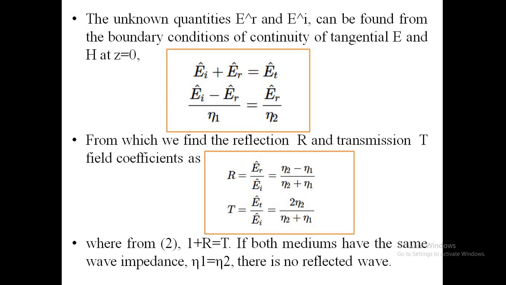The unknown quantities of the reflected and incident electric fields can be obtained from the boundary conditions of continuity of tangential E and H fields, and the relation between the reflection and transmission coefficient is obtained as 1 plus R is equal to T, where R is the reflection coefficient, given as the ratio of reflected electric field to incident electric field component, and T is given as transmitted electric field to incident electric field component. And if both the mediums have the same wave impedance, that is eta 1 is equal to eta 2, then there is no reflected wave.